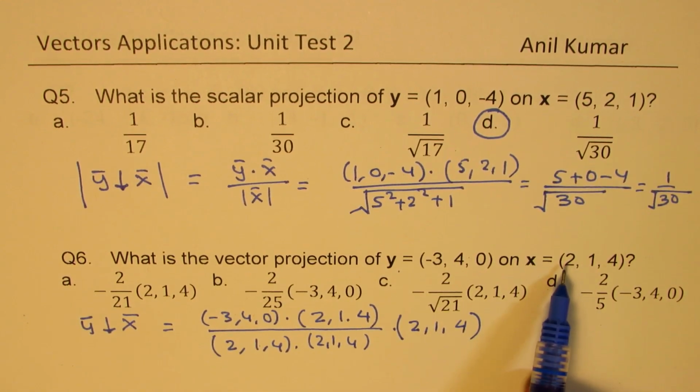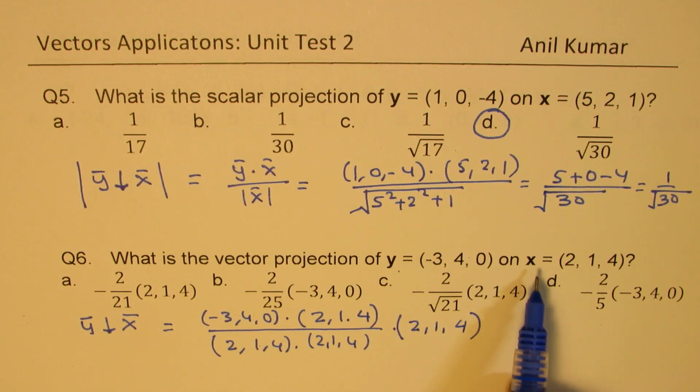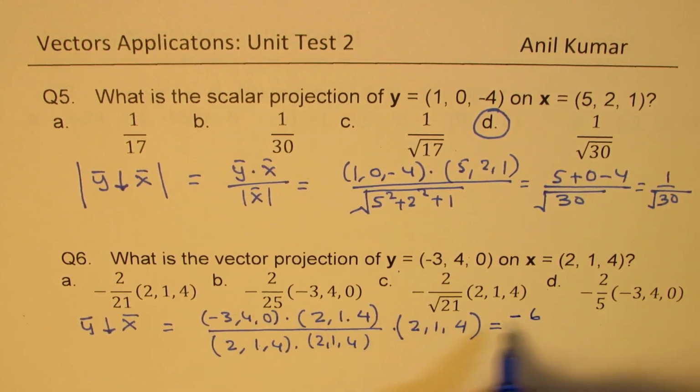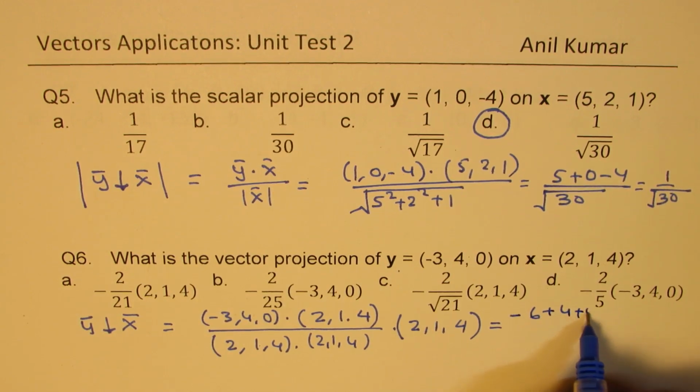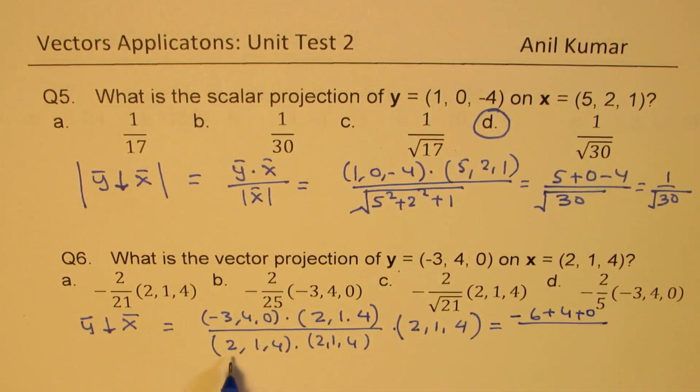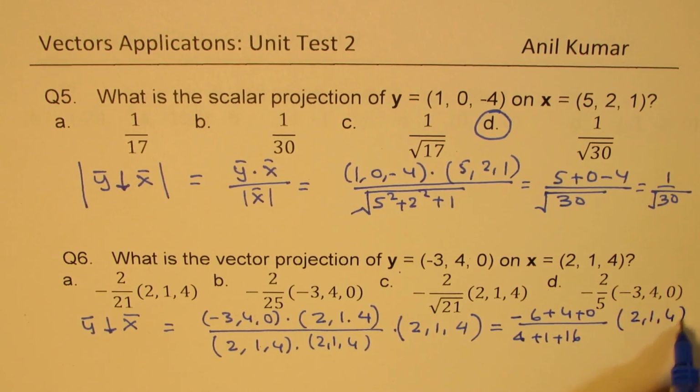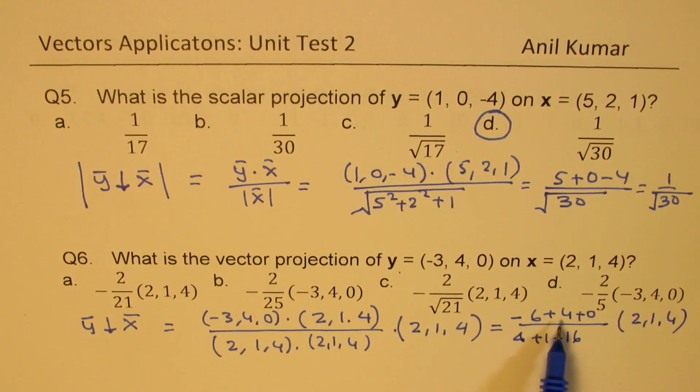It is in the same direction as the vector X, correct? So which is minus 6 plus 4 plus 0 over, and here we get 2 times 2, 4, plus 1 plus 16, and this is times (2, 1, 4). Okay. So in the numerator, we get minus 2, let me write down, minus 2 over 21, and (2, 1, 4).